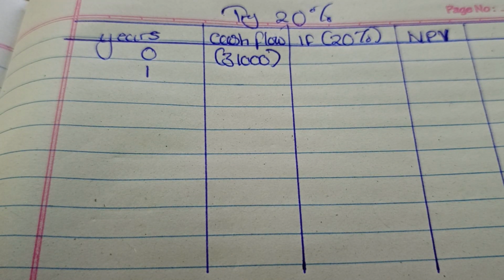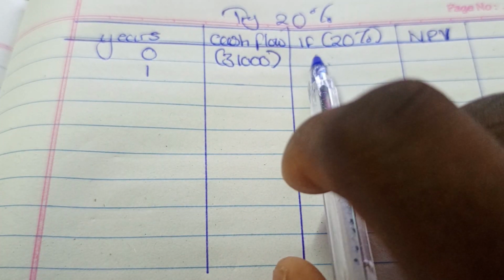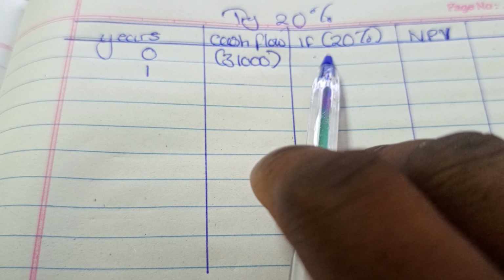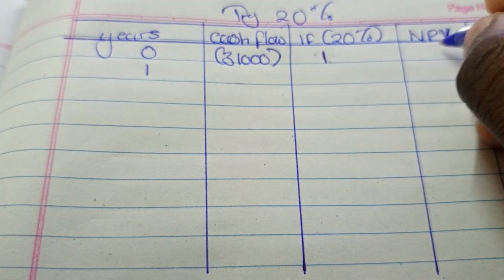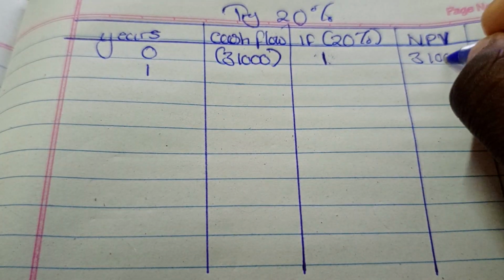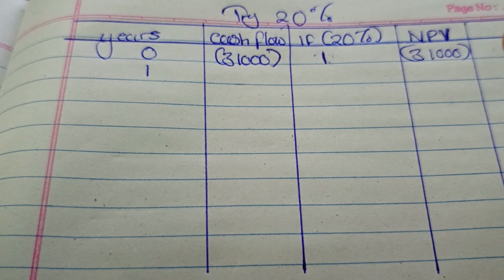Remember, in our first statement, we said the IRR is calculated using the same concept as net present value, except it sets the net present value equal to zero. So you will find the discount factor for this, where this is always 1, then this times that one is 31,000. The method is still the same.